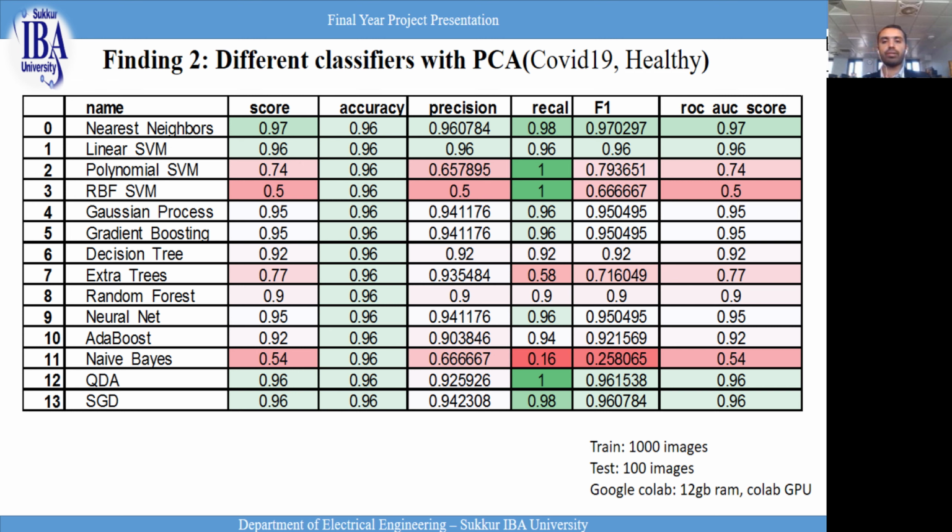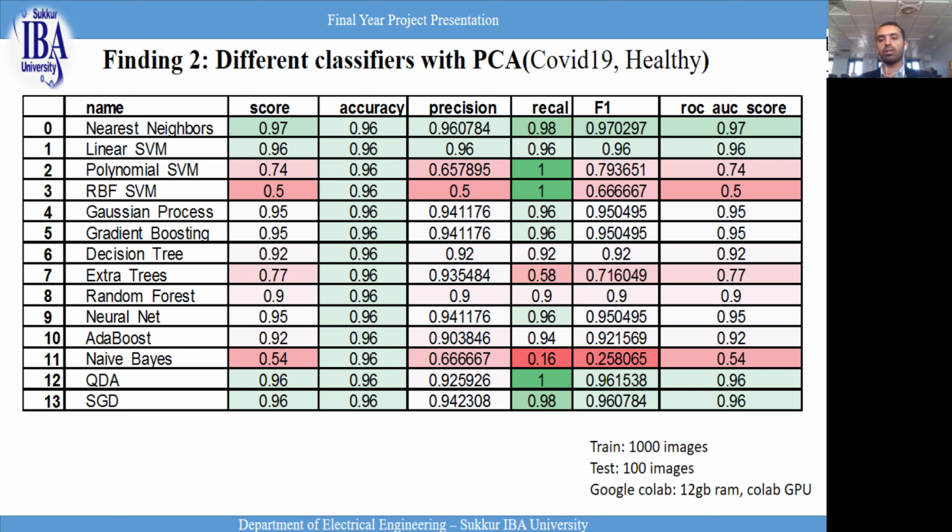In finding 2, we have applied conventional machine learning classifiers with PCA, principal component analysis. We have used the binary data set here, and almost 14 different conventional machine learning classifiers, which include nearest neighbors, linear SVM, polynomial SVM, RBF SVM, Gaussian process, and so on.